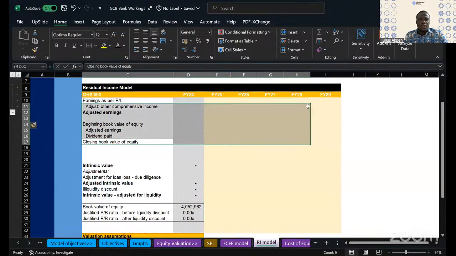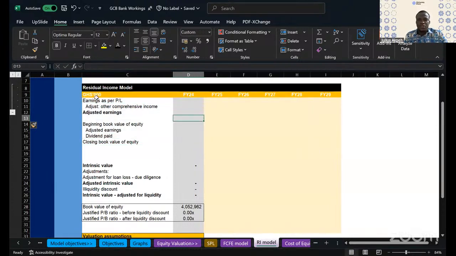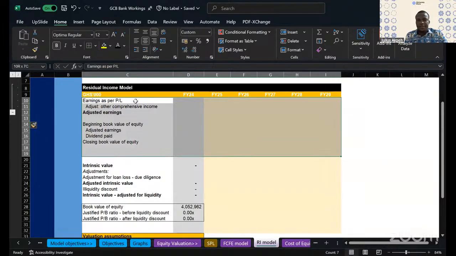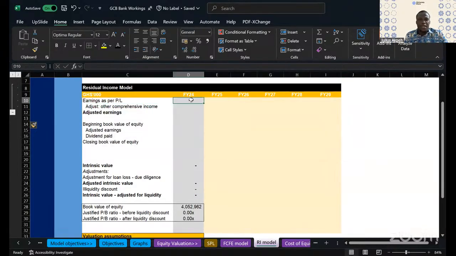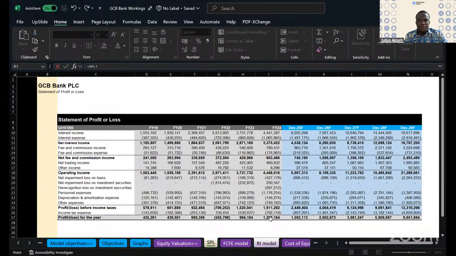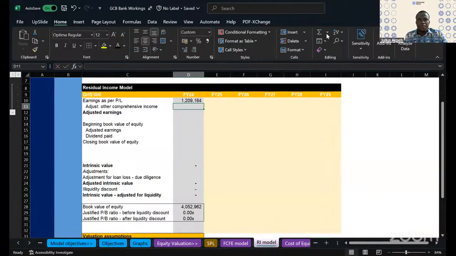So the first thing we do, let's do this reconciliation first. So earnings as per P&L in 2024 is this. We move it here. And then what we do, other comprehensive income adjustment.